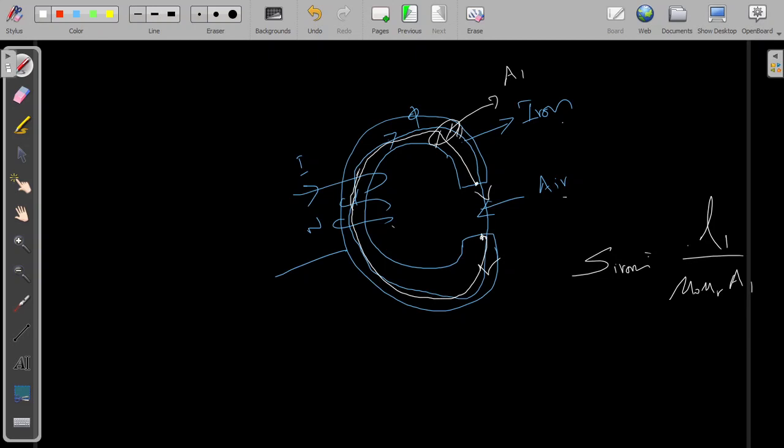Mu 0 is a constant, 4 pi into 10 power minus 7, and mu r for iron is some 1000. So S iron will be a constant value.